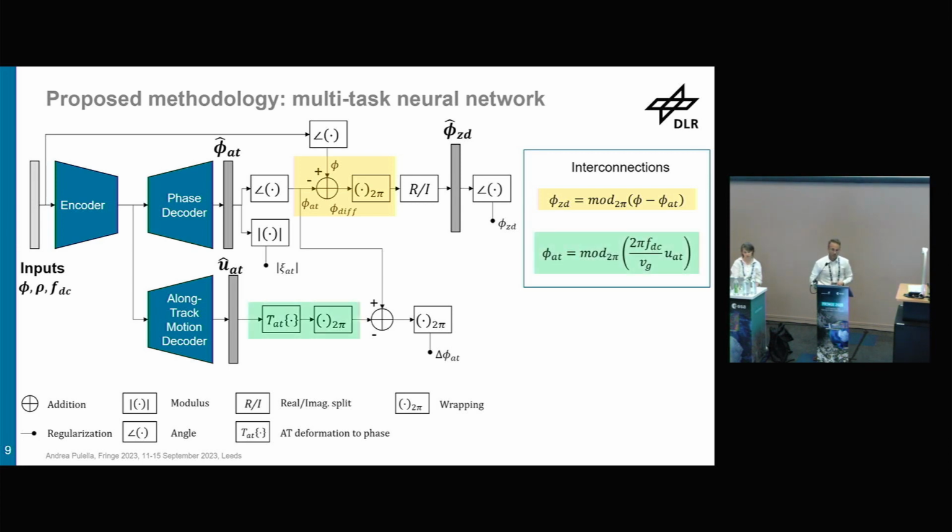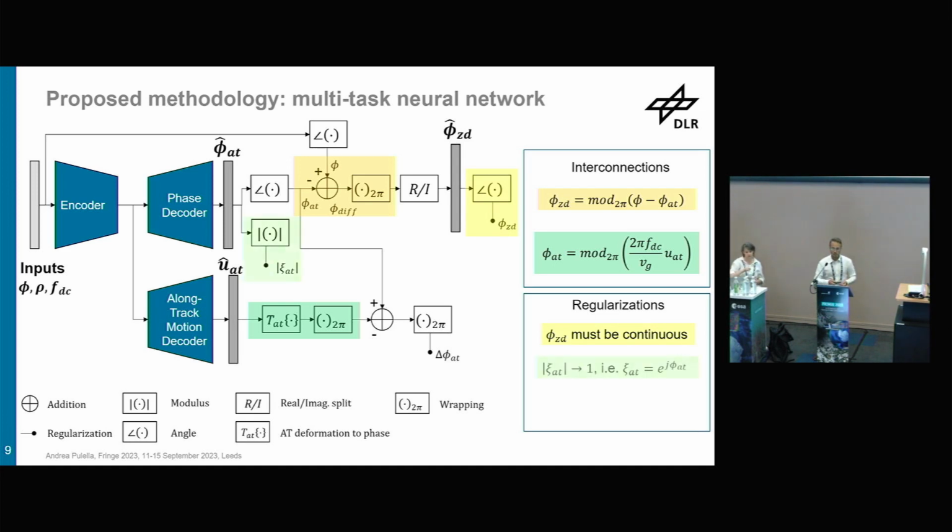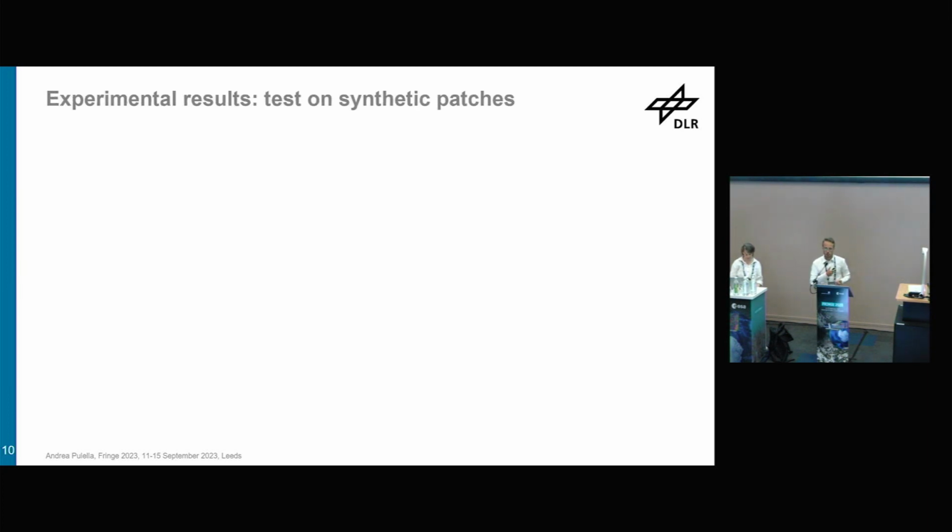The along track phase can be retrieved from the along track motion, and we can also fix some regularization, like the zero Doppler phase must be continuous. Since we are working with the real and imaginary part, the phasor has to be unitary, and the along track phase has to be very similar to the phase reconstructed from the estimated along track motion.